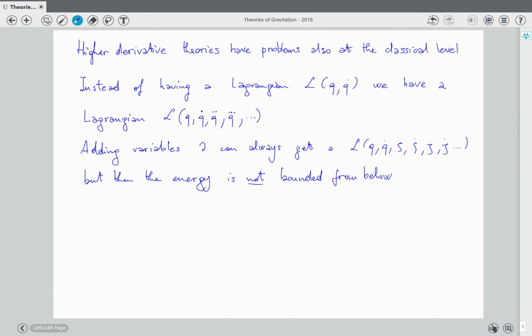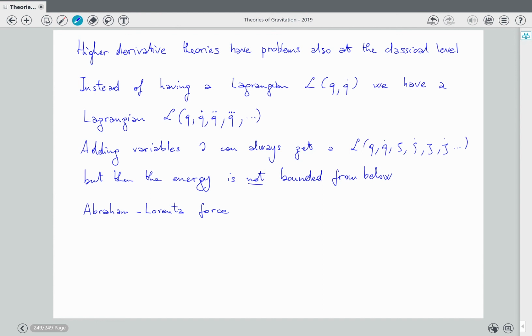So let's consider a case that you might have heard from classical electrodynamics. You know that a charged particle that's accelerated radiates, and so it slows down because there is a sort of friction. But that's not a friction.